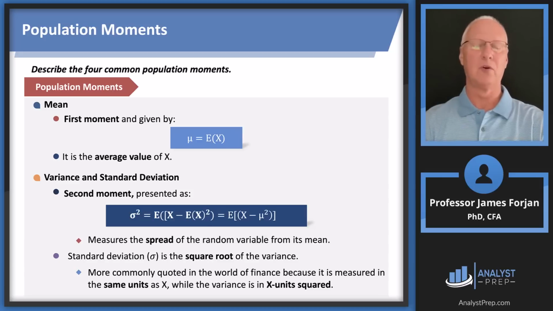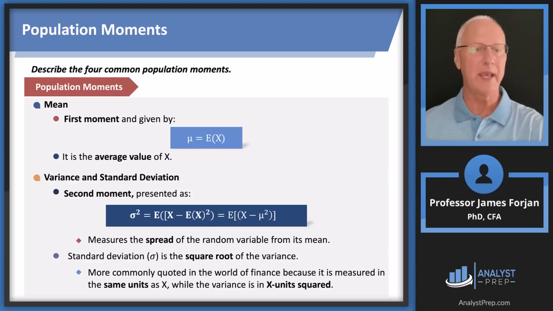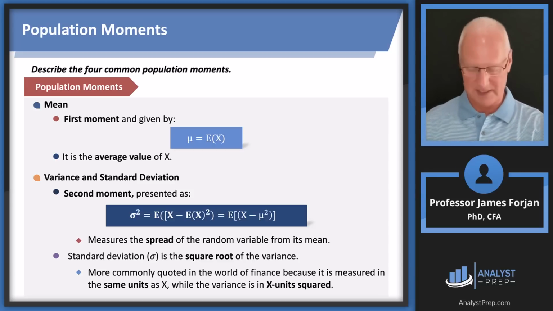So my point here is, remember that the first moment gives us that idea about what we can expect to happen. But then the second moment tells us how wrong we can be. So if the standard deviation is low, that means that there's very low risk. If the standard deviation is high, that means that there's very high risk. It's as simple as that.